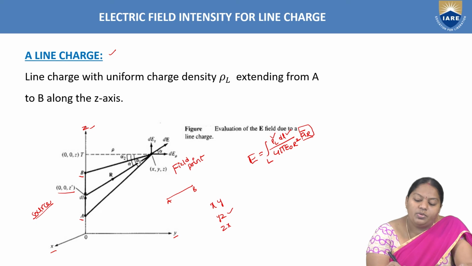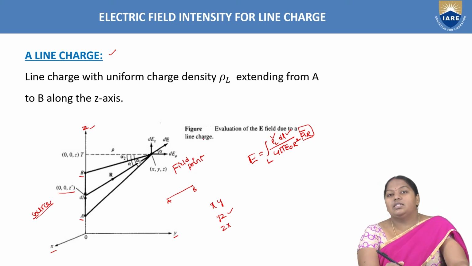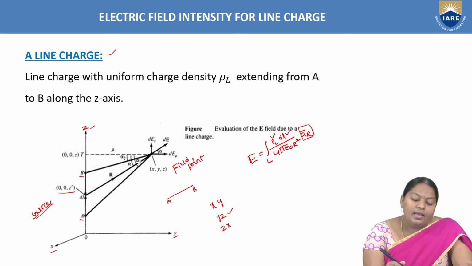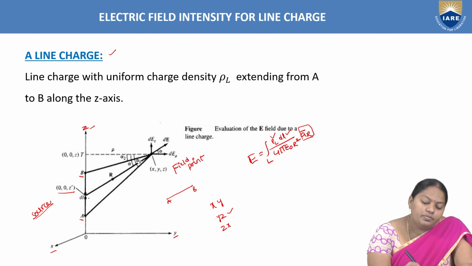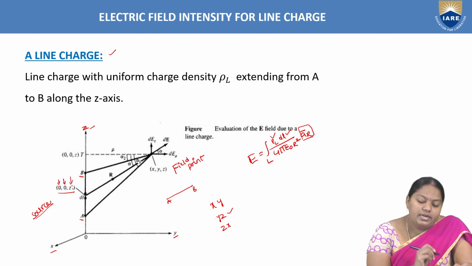What actually are the source point and field point? The field point means the particular point at which we are going to estimate how much electric field exists. The source point means how this is represented with respect to the origin. Hence, the x coordinate is 0, the y coordinate is 0, and the z coordinate is only z dash. Why z dash?